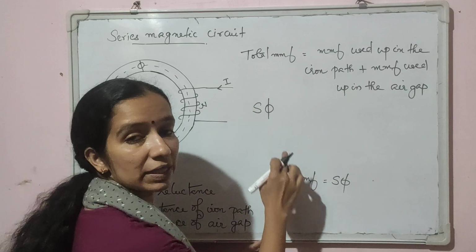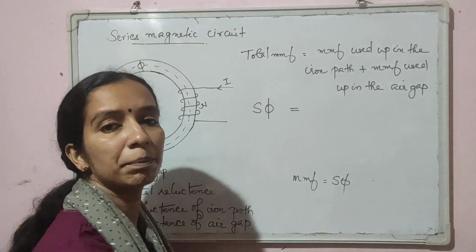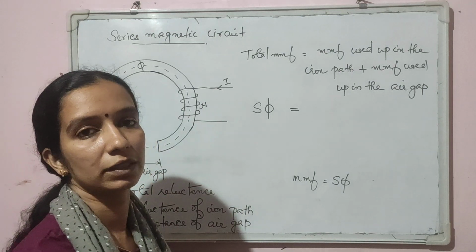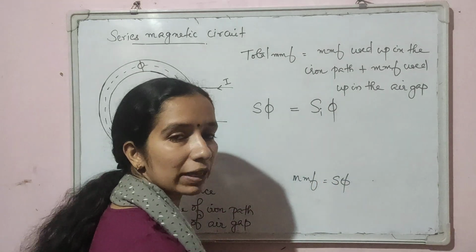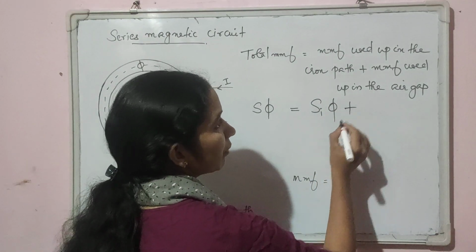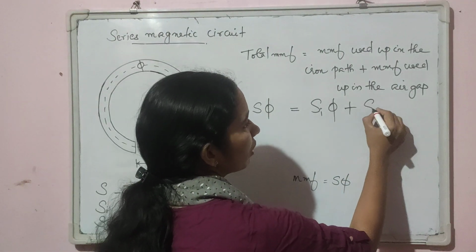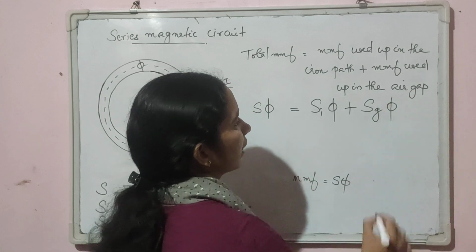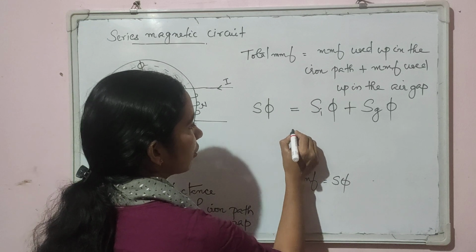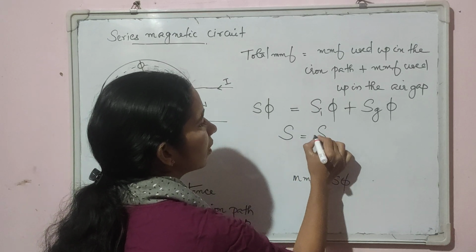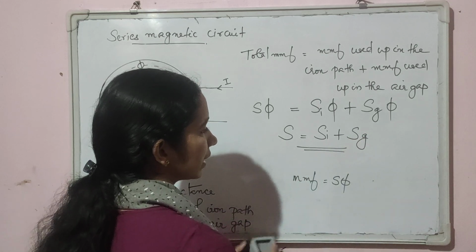This equals the MMF used up in the iron path, which is the reluctance of the iron path into flux, plus the MMF used up in the air gap, which is the reluctance of the air gap into flux. So phi is common and we can cancel it. The resulting equation is S equals Si plus Sg, that is the total reluctance.